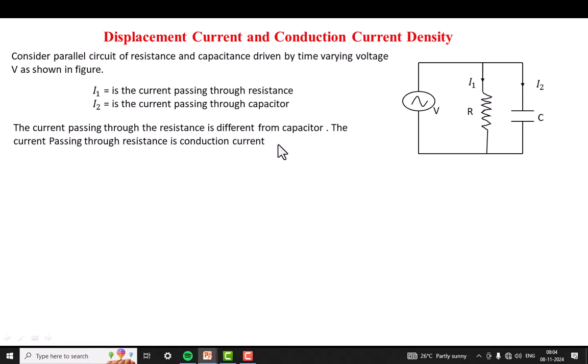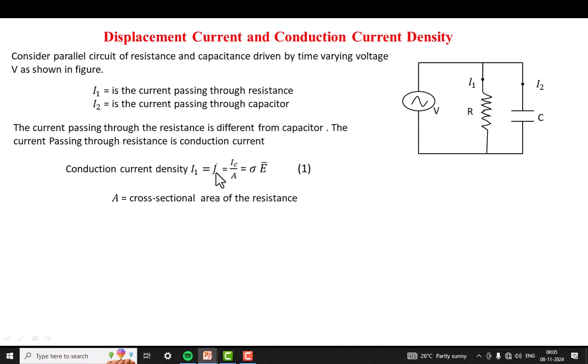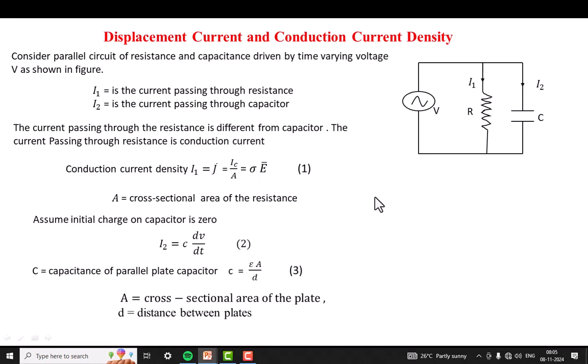So the current passing through the resistor, I1 equals J bar equals Ic by A, where J bar is the conduction current density, Ic is the conduction current divided by the cross section area of the conductor. This equals conductivity of the conductor times E bar. Assume the initial charge across the capacitor is 0, then the current passing through the capacitor I2 equals C times dV by dt.